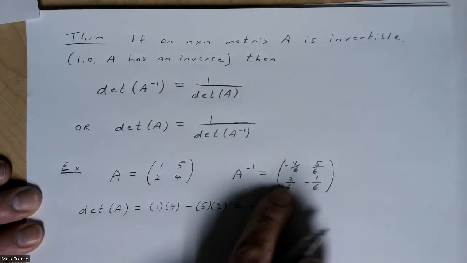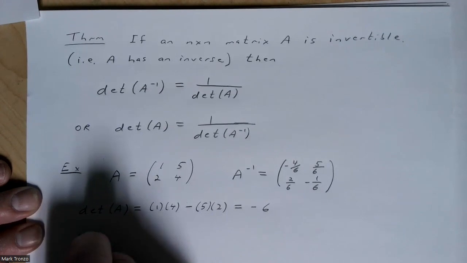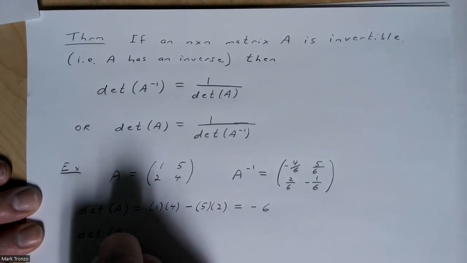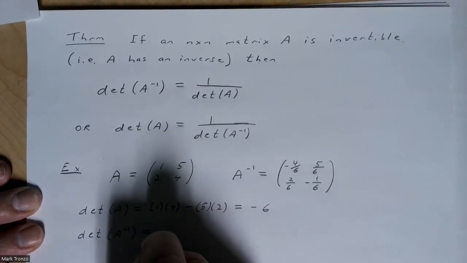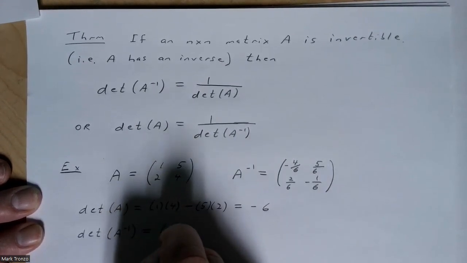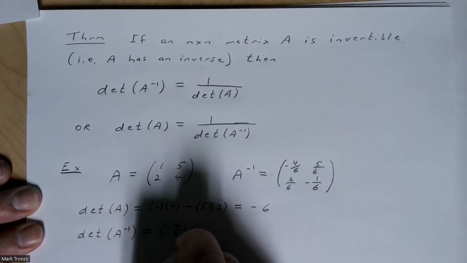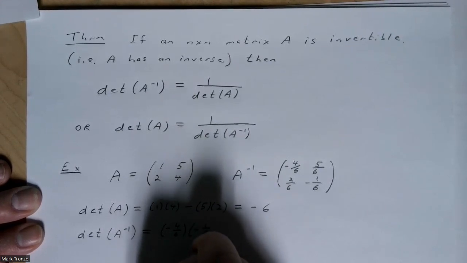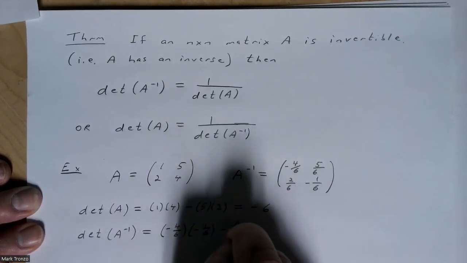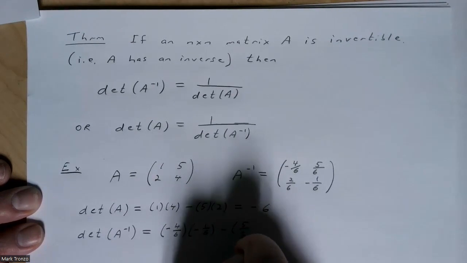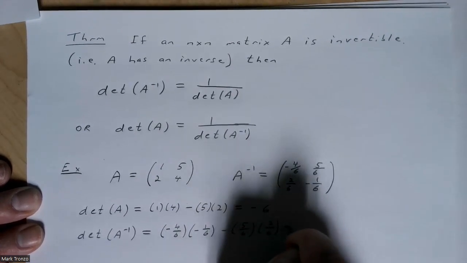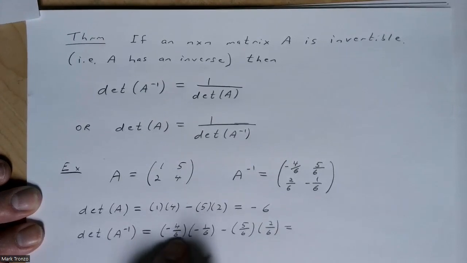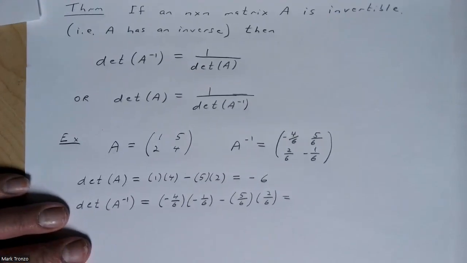Then the determinant of A inverse: upper left times lower right minus upper right times lower left. And the two negatives become positive.